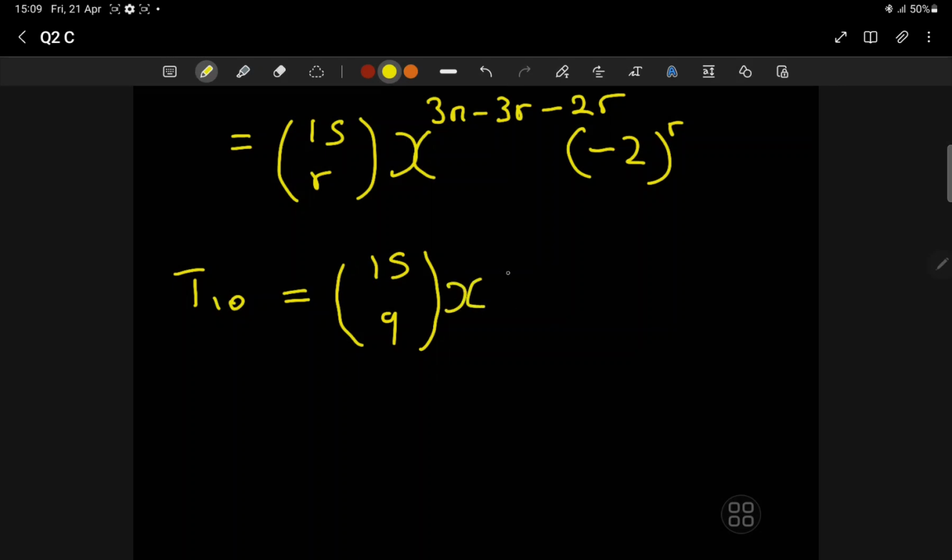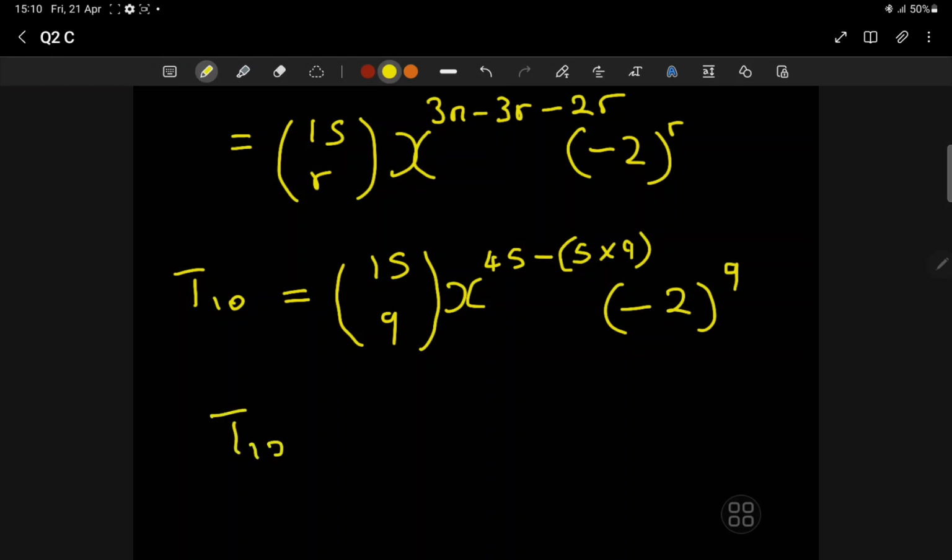Then for x, remember n here is 15, so 3 by 15 is 45, minus 5r, so when we put 5 multiplying with 9, we're getting 45 again. And then this is (-2)^9. So we've replaced wherever there is r, we put a 9.